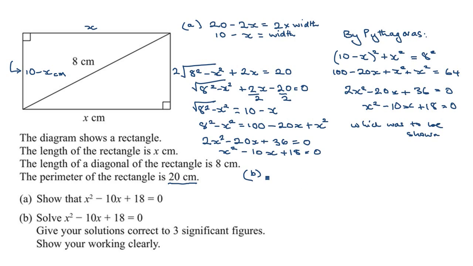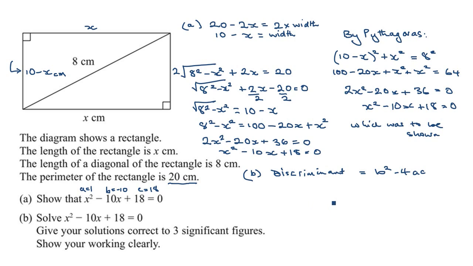So if I write down that the discriminant equals b squared minus 4ac, all I need to do is work out what a, b and c are. So a equals 1, b equals minus 10, and c equals 18.